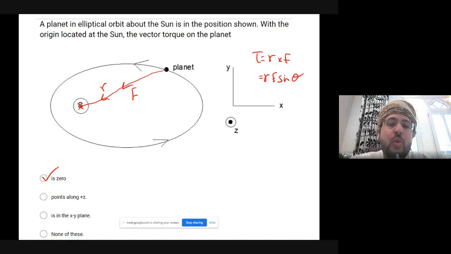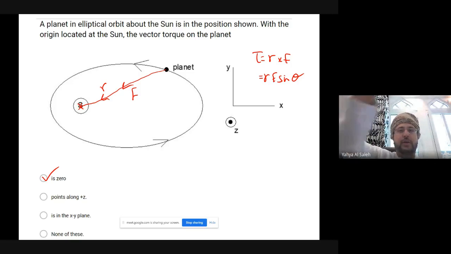Okay, and this is why our planets are in stable orbits around the sun. They don't end up going all around the place up and down, because there's no torque. If there was torque on our planets, we wouldn't be able to go around the sun like this. We would be going in all sorts of crazy orbits in 3D. So do not confuse the clockwise, anti-clockwise of torques with the directions of the forces.